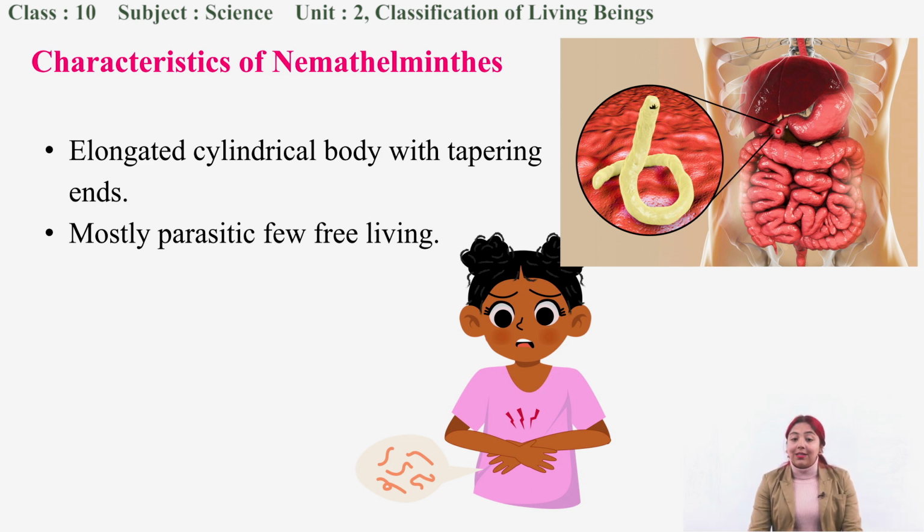Inside the intestine, it survives all those chemicals and acids our body produces, because it has a thick cuticle that covers its body and protects it from the harsh condition of the host body.